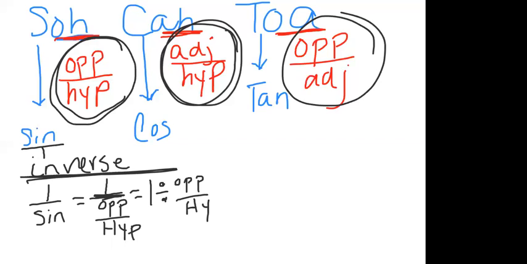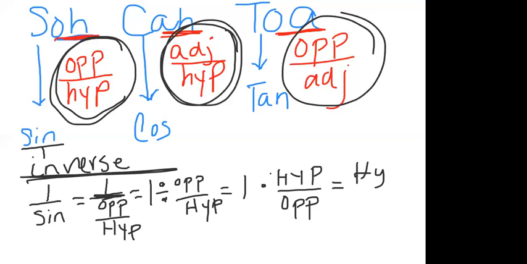If this is getting a bit too much, it's okay if you don't get it. I just want to show you the mathematics behind this. When you're doing division of fractions, you keep the first fraction and multiply by the reciprocal of the second fraction, which becomes hypotenuse over the opposite. So if you multiply this out, you end up with the hypotenuse over the opposite.